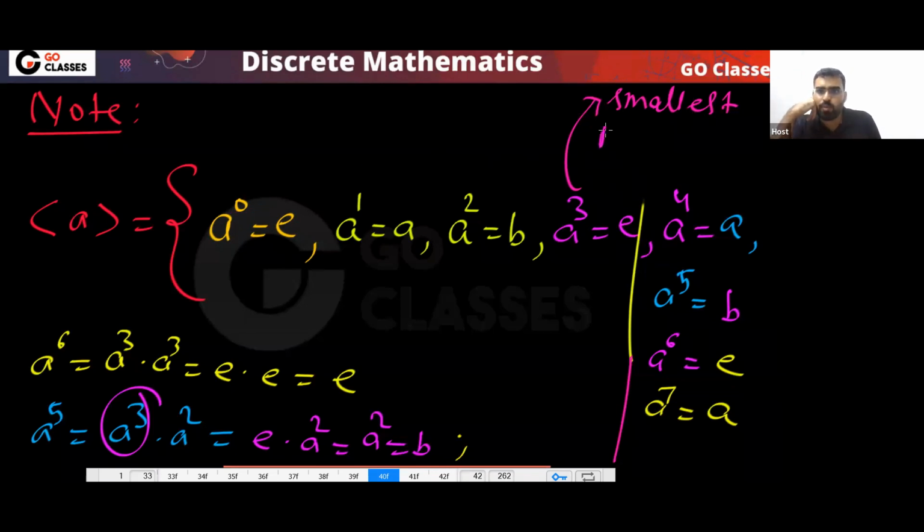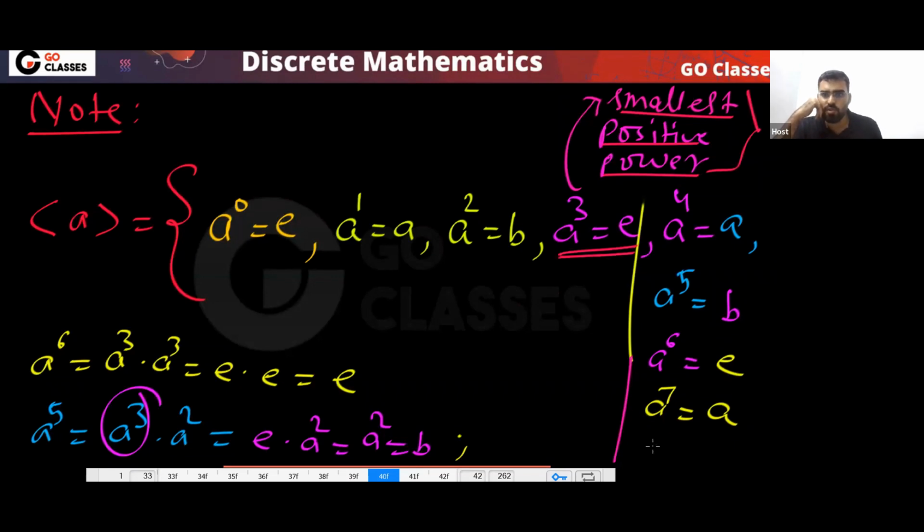I am talking about the smallest positive power such that you get the identity element E. Then further you will not get anything new. Agree? Once you get this smallest positive power such that you get the identity element, you will never get anything new.